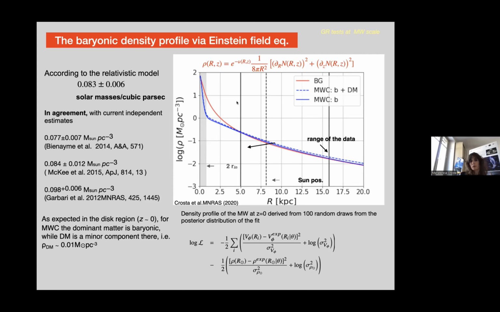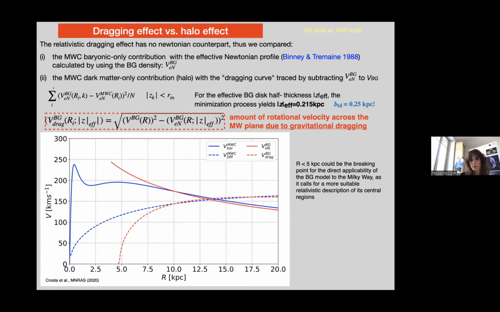We get the same baryonic mass density as obtained by other works in the literature. So this is perfect. On one side, we fit the flatness of the Milky Way curve with the relativistic velocity profile. We don't need the extra mass.